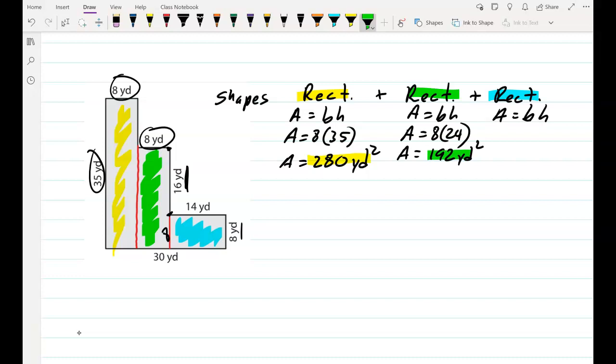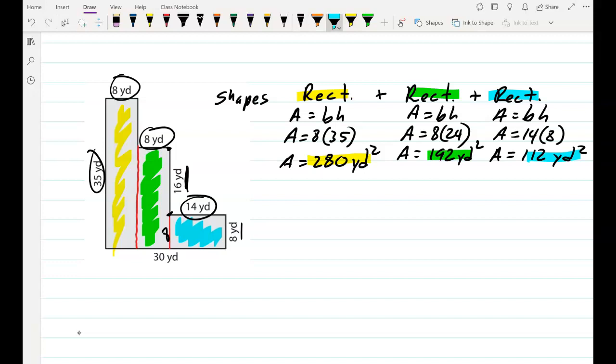Okay. And the last rectangle, the blue one, base times height. The base is 14, and the height is 8. So 14 times 8 is 112 square yards.